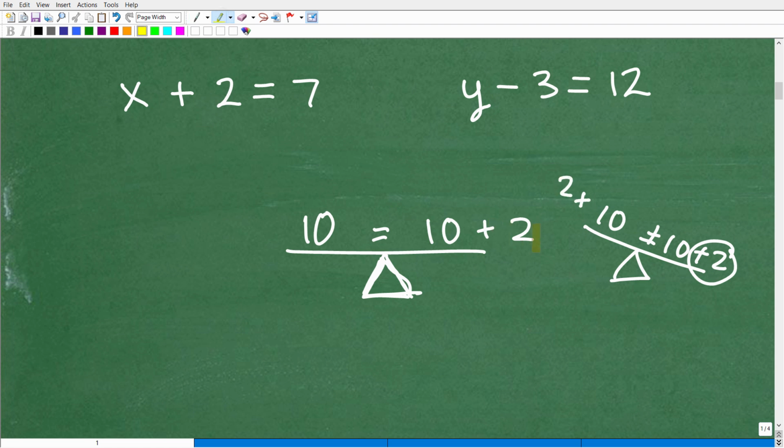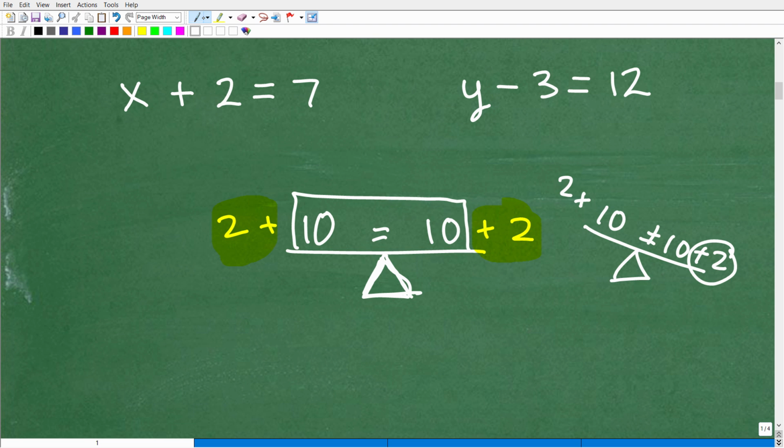So here's one of the fundamental concepts of algebra. Remember, we started off with this original balance, 10 equals 10. But if I add 2 to one side of the equation, that's going to mess up the equation. So to keep things in balance, as long as I do whatever I did to this side to this side as well, I'm keeping the equation in balance.